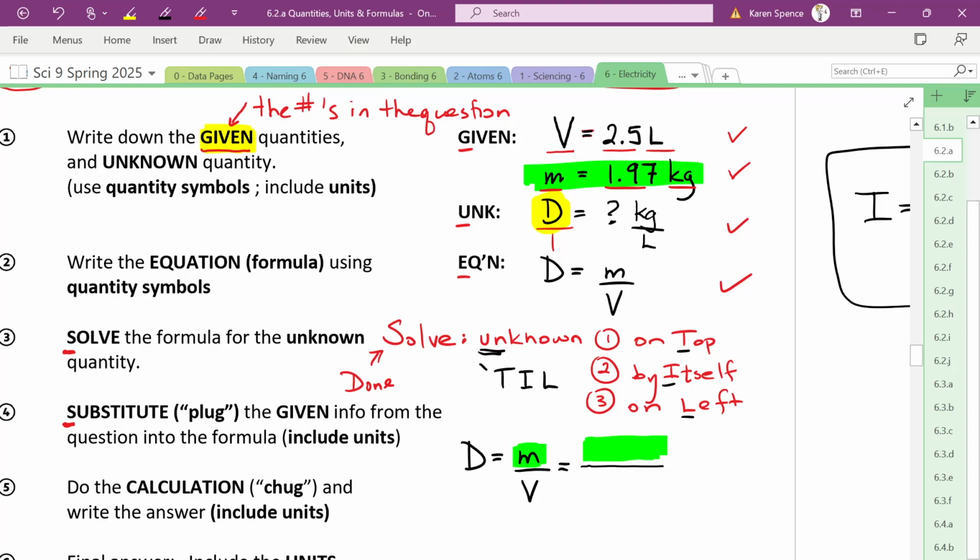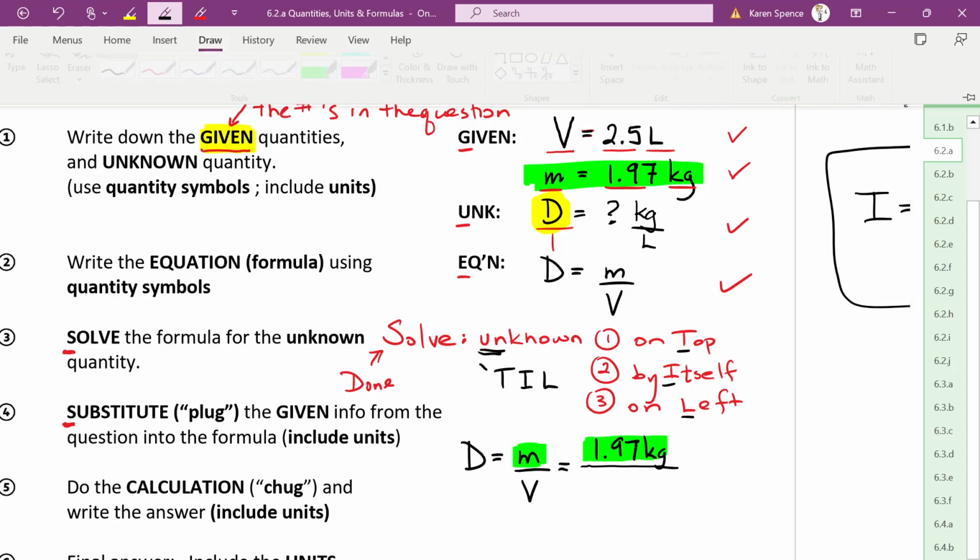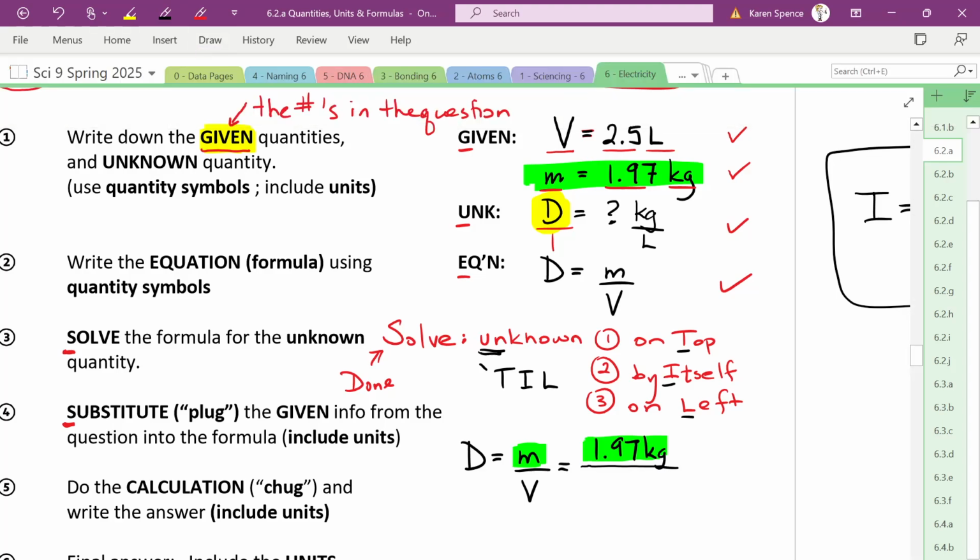So we're going to write 1.97 kilograms. V is 2.5 liters. So where we have V, we're going to substitute 2.5 liters.